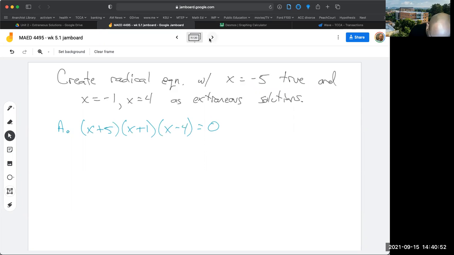Multiplying that out, y'all, I'm going to have to ask you to do this on your own. x cubed plus 2x squared minus 19x minus 20 equals 0. Okay, so I have a cubic with those three solutions.